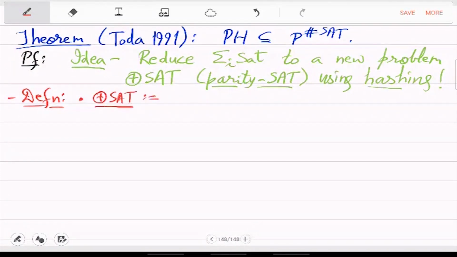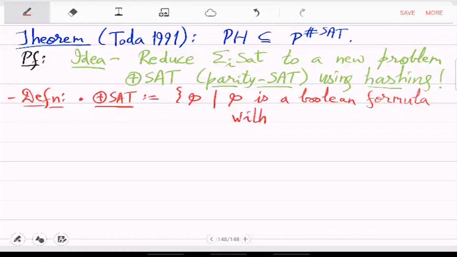is the problem of identifying whether a given Boolean formula phi is a Boolean formula with number of satisfying assignments odd.